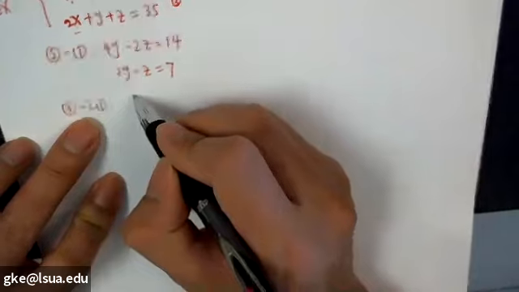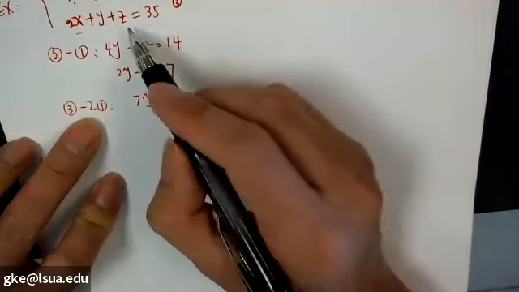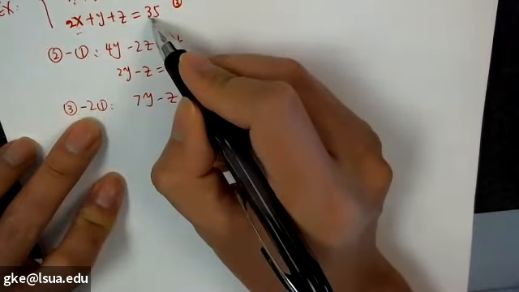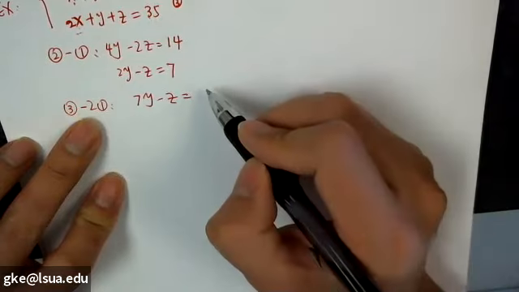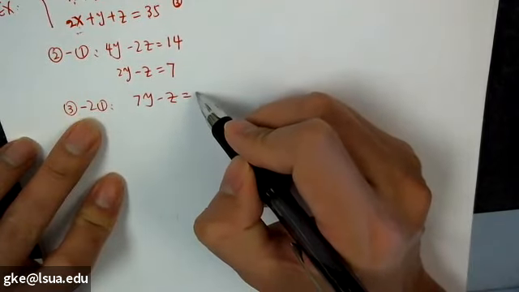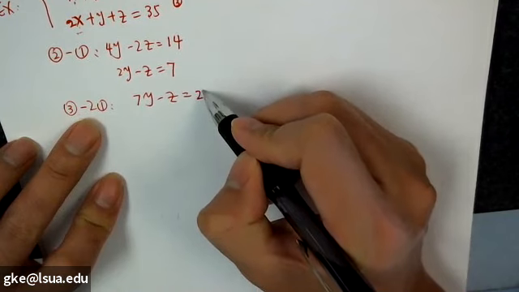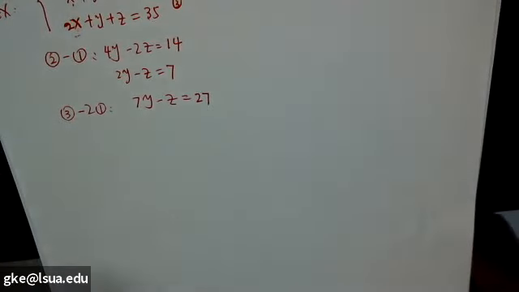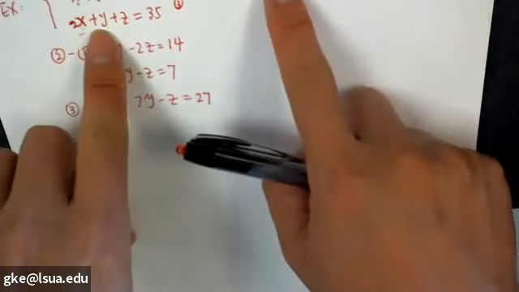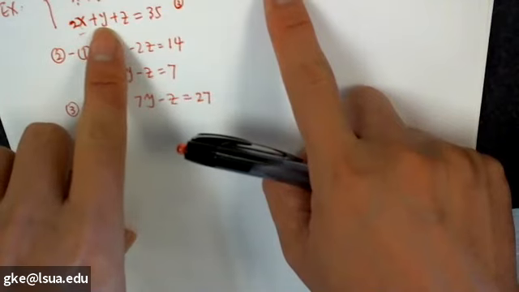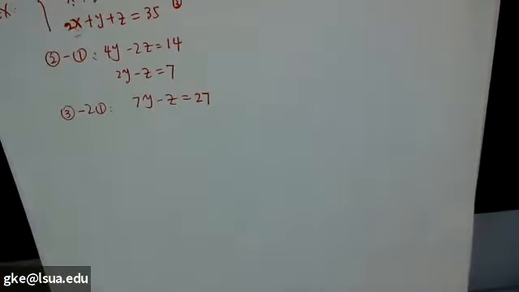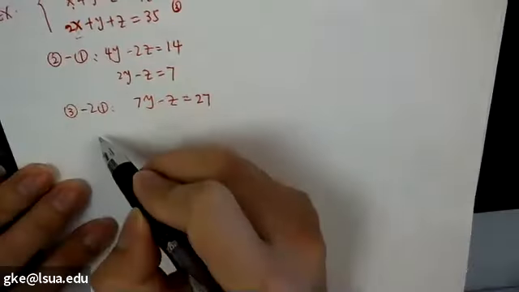Y, so that'll be a 7y. Z, subtract 2z, negative z. 35, subtract 20. Oh, this one is a little bit complicated. So 2x cancel out, y is 7y, z is negative z, 35. Okay, anyway, we'll get these 3 equations.